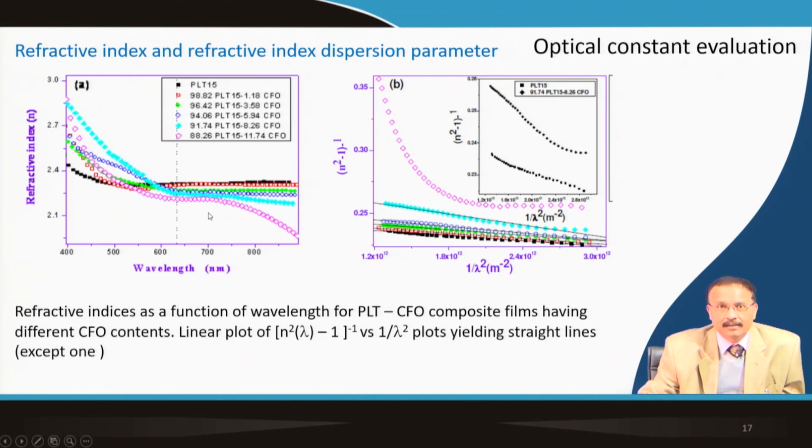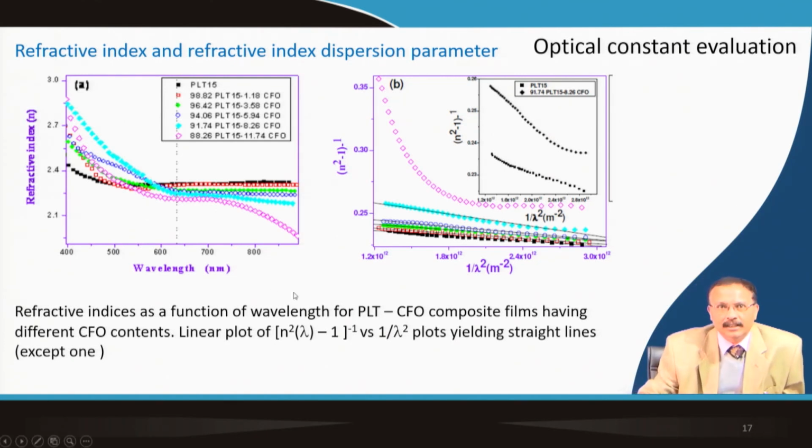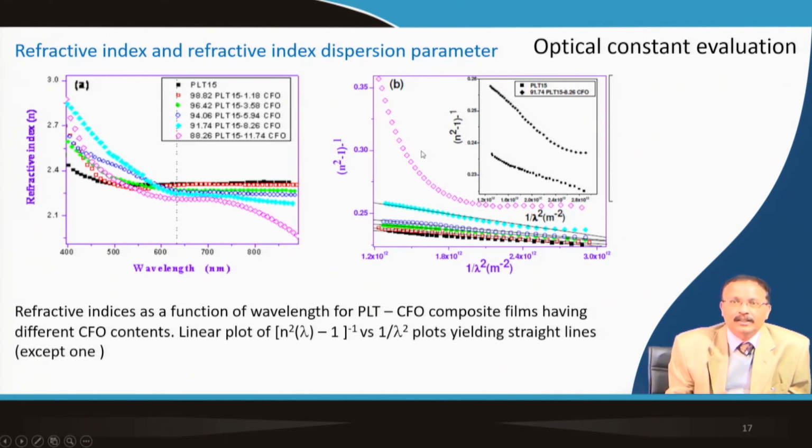Then using the Sellmeier kind of dispersion relation, we plot it, and you can see for some of the compositions we get indeed a linear plot to estimate the refractive index dispersion and the other parameters which I talked about, but for certain other compositions, because it is a complicated dielectric film, it does not match.